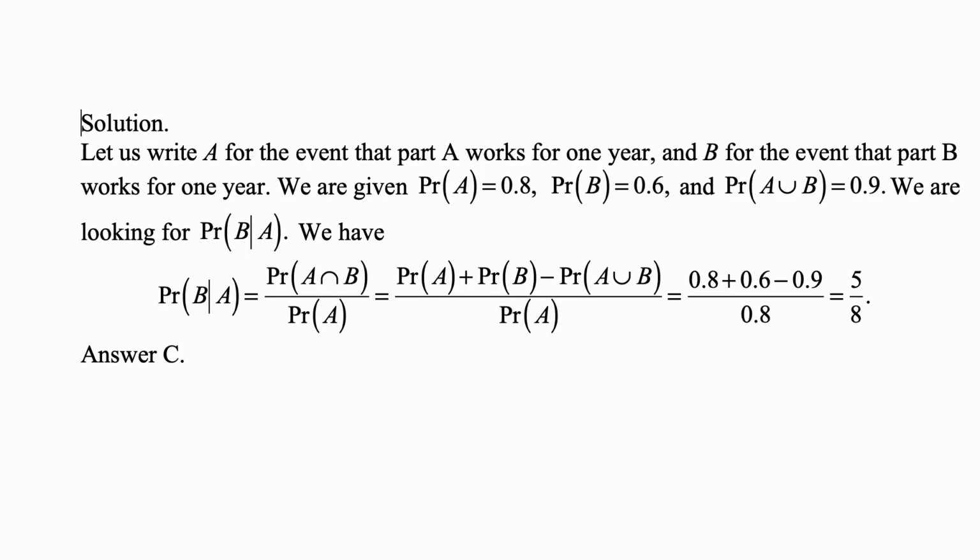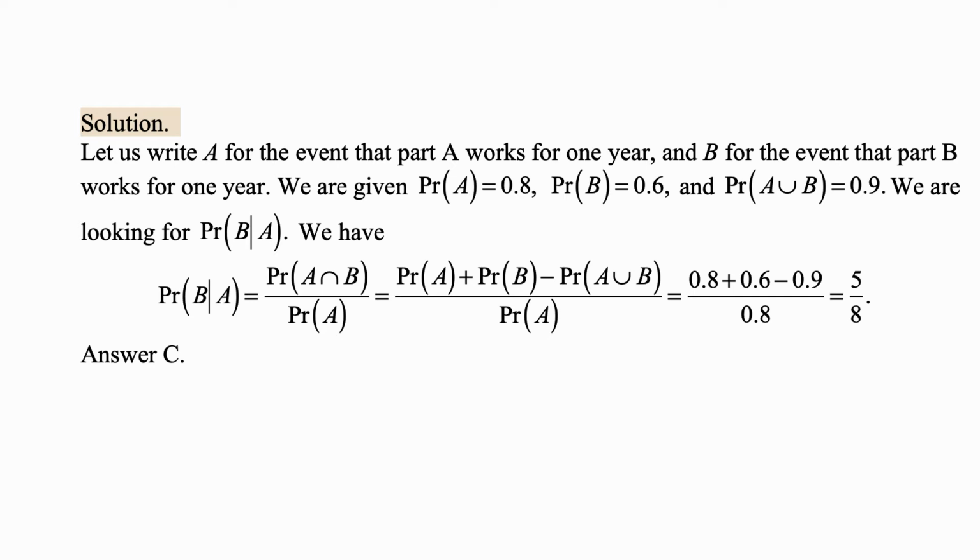And here's the solution. Let us write A for the event that part A works for 1 year, and B for the event that part B works for 1 year. So the problem gives us that probability of A is 0.8, probability of B is 0.6, and probability of A union B is 0.9.